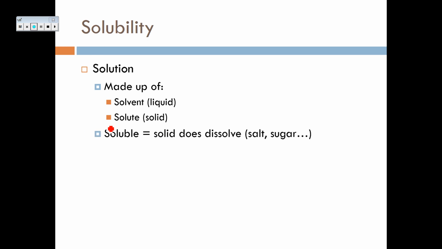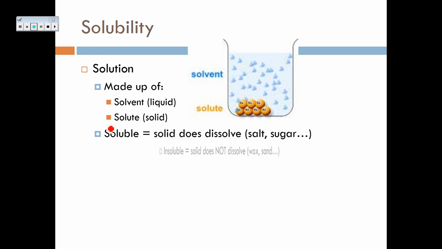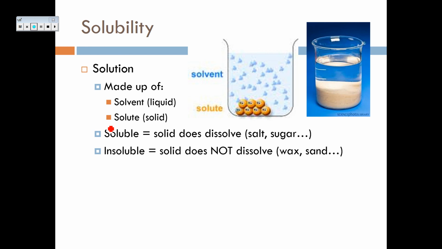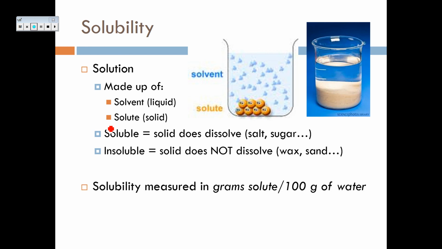Soluble means that a solid does dissolve in the solvent, such as sugar, salt, things like that. Insoluble means the solid does not dissolve, such as wax or sand. Solubility is measured in grams of your solute per 100 grams of water.